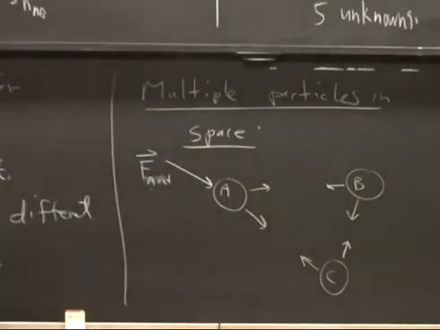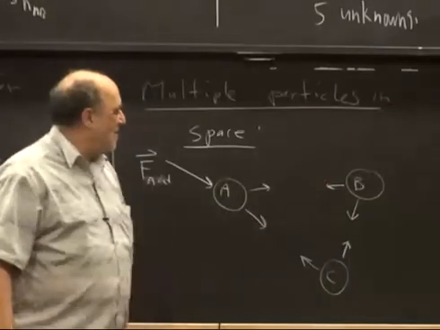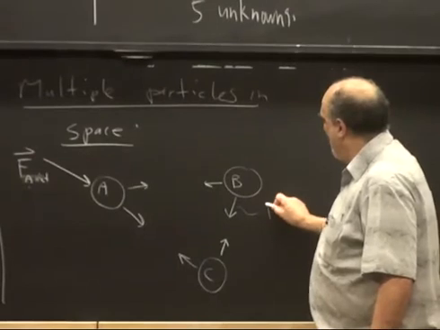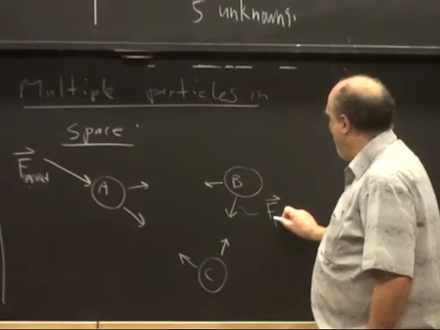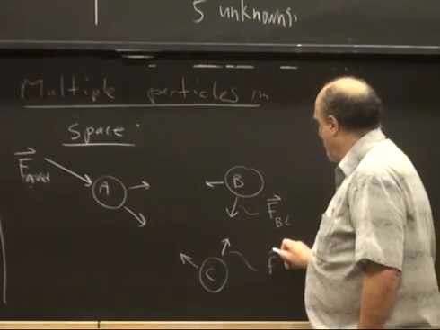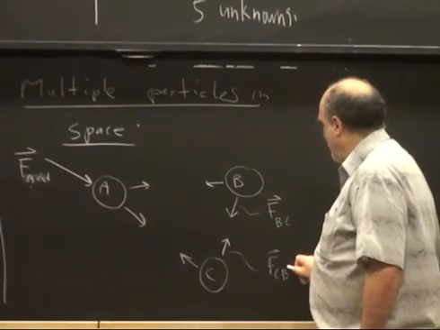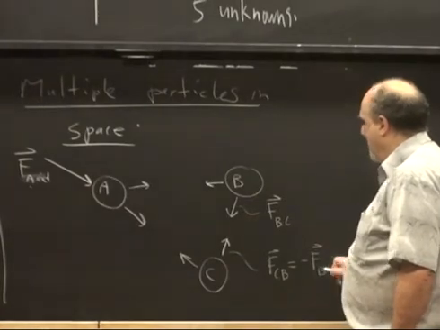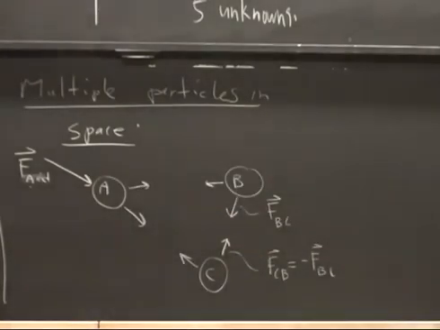So there's some external forces, maybe external forces on C, and so on. Let's take two of these particles. Let's look at this force right here. What we'll call that is the force on B from C. And we'll call this the force on C from B, which is equal to minus the force on B from C. And so on all the way around the picture.